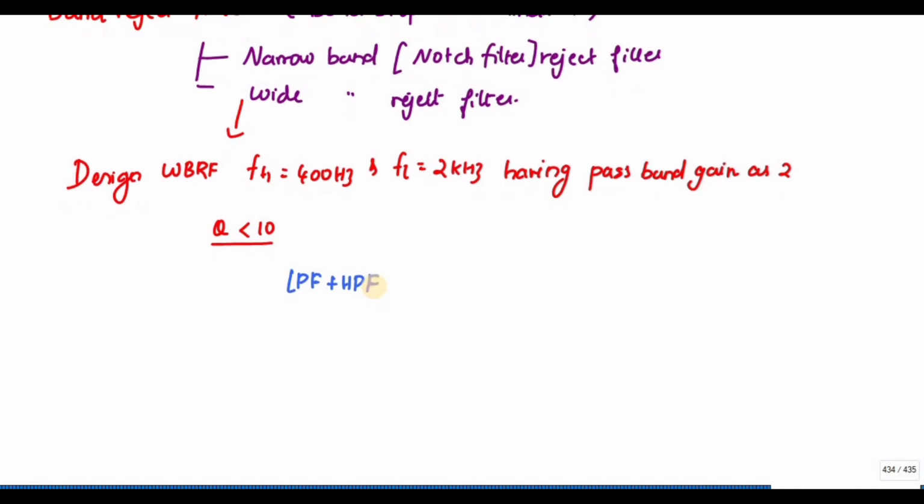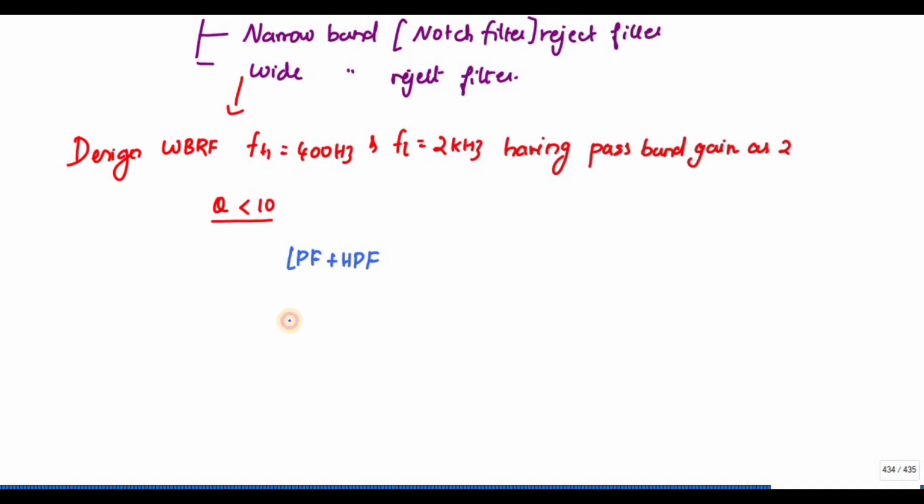For the low pass filter, they are given FH equal to 400 hertz. That is equal to 1 divided by 2 pi R1 C1.